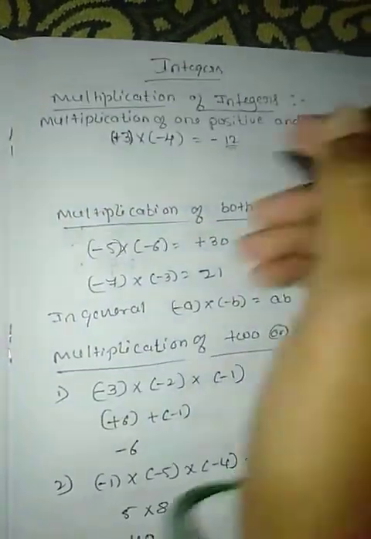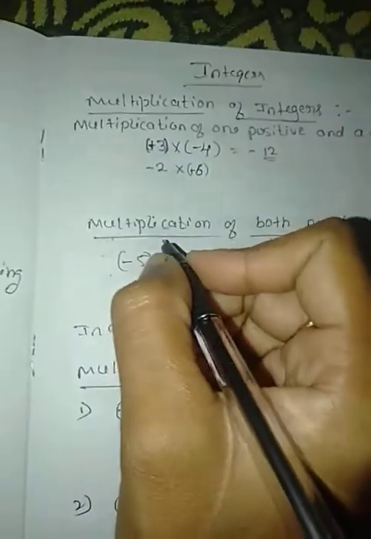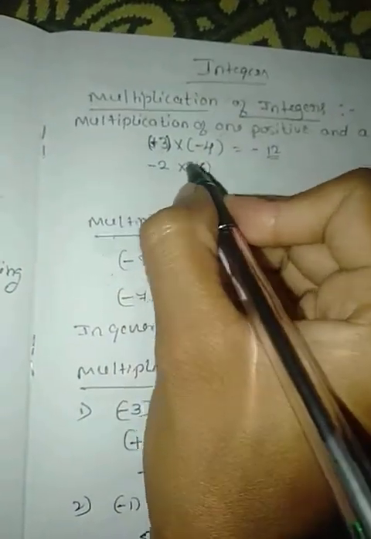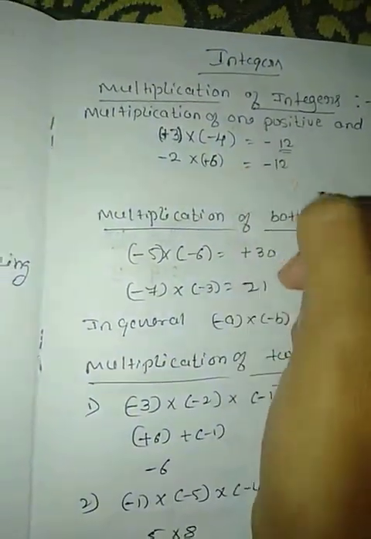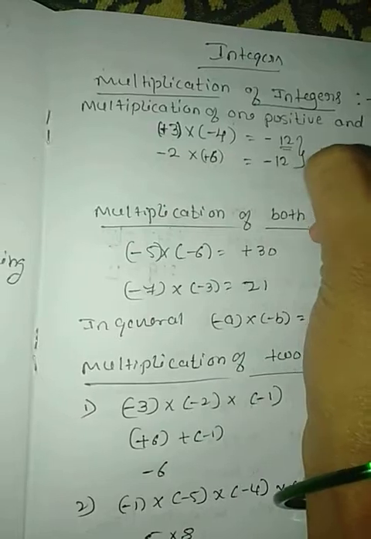If we take another example, that is minus 2 into 6. First we have to multiply the sign. Plus into minus is minus, 6 2s are also 12. So both are integers.